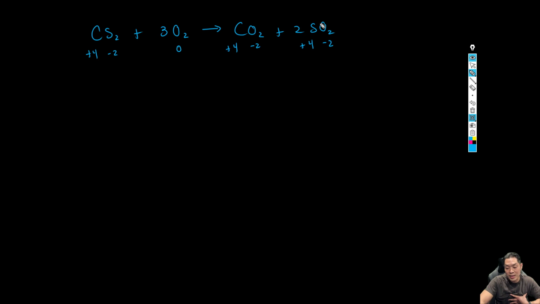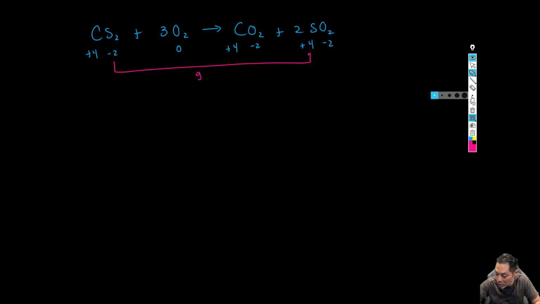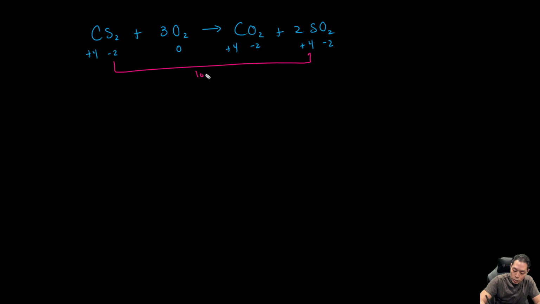They both are electronegative, but since oxygen's more, it's going to pull the electrons from sulfur, so that's why sulfur is going to be the positive in this case. So when we're looking at it, carbon actually stays the same, +4 and +4. Sulfur is going from -2 to +4, so it's going to lose electrons.